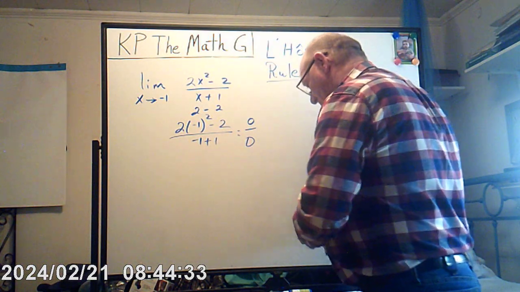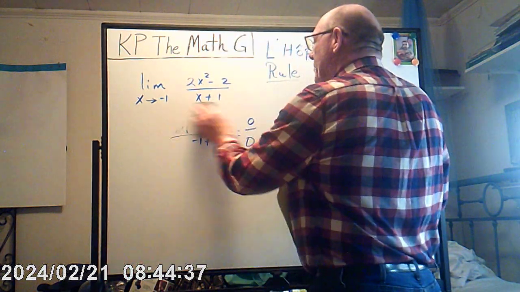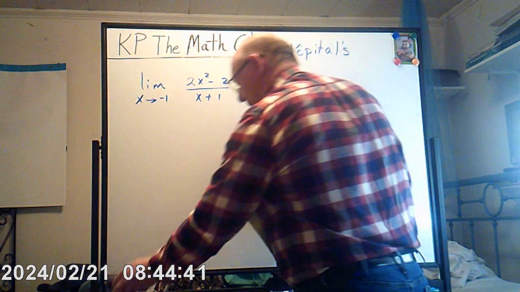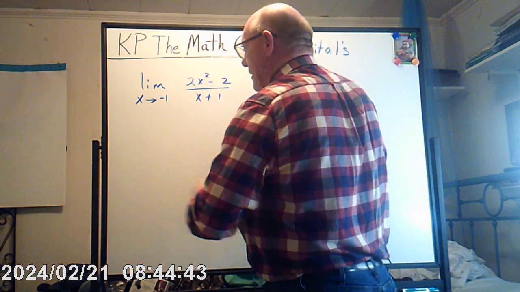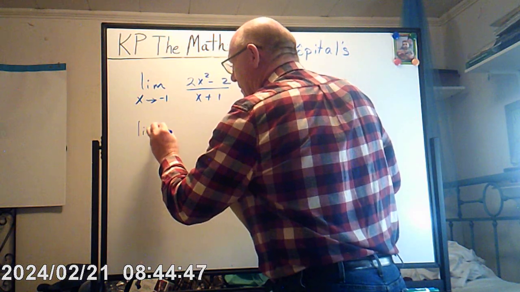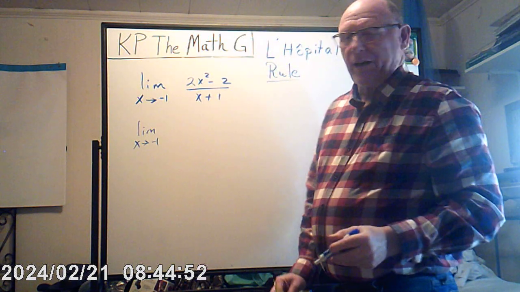Okay, let me show you what you could do, and you're probably on top of it anyway. What you need to do is just simply factor, right? Yeah, you knew that, didn't you? Just simply factor.